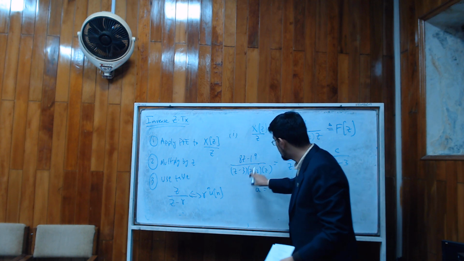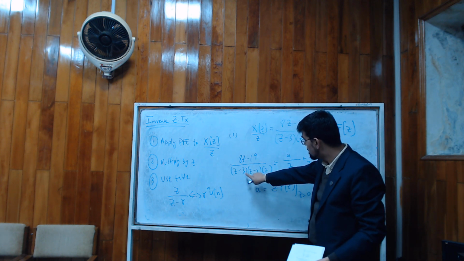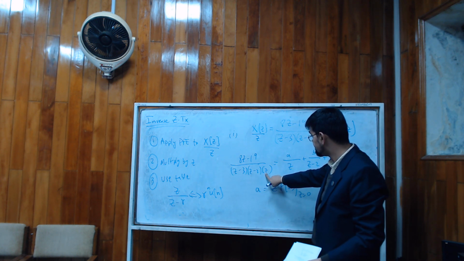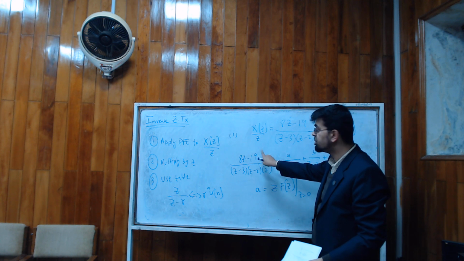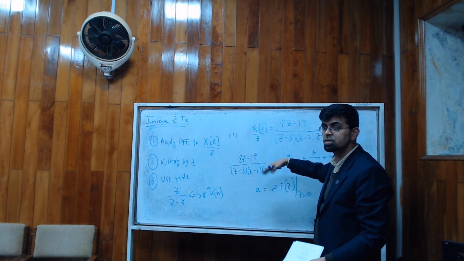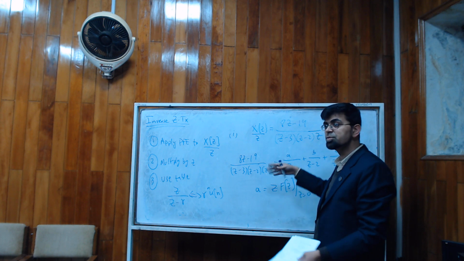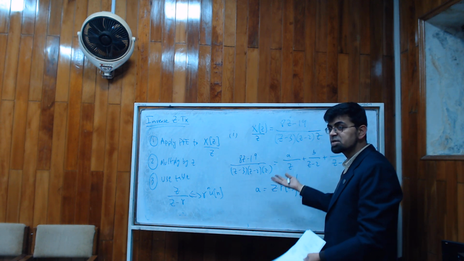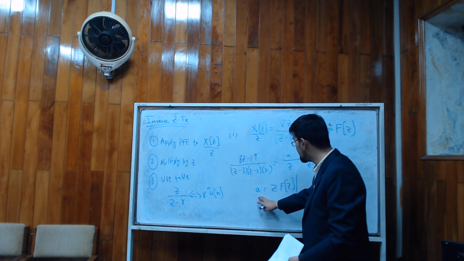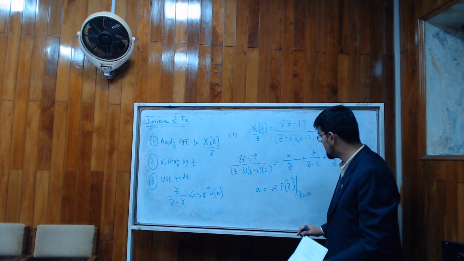You multiply out by z so that the root that was going to make this infinite disappears, right? So then A is z times F(z) at z equals 0.